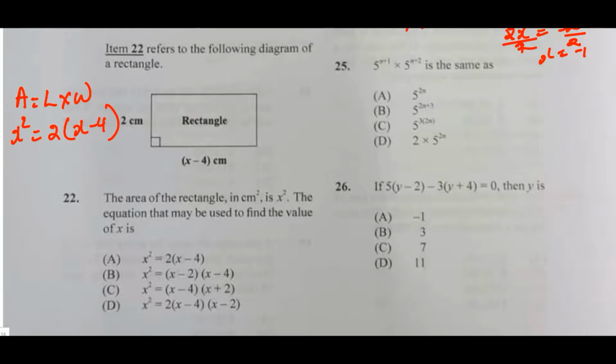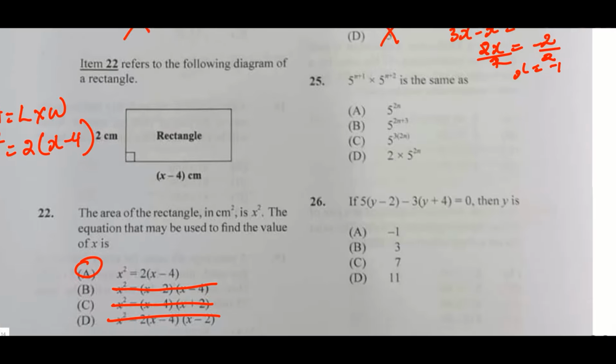By plugging into the formula, automatically you will see that it's not this, not that, so our answer will be A. The area, which is x squared, equals length times width, 2 by x minus 4.